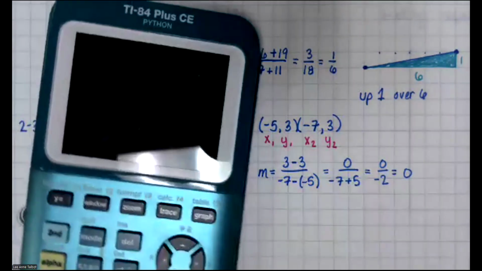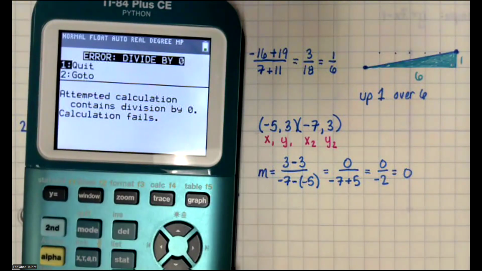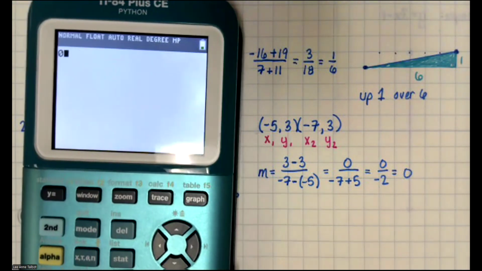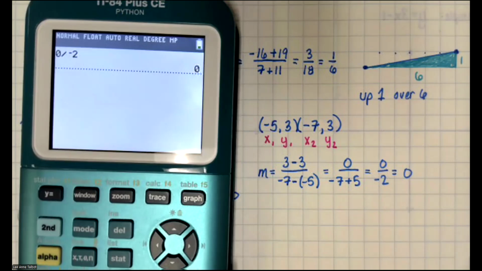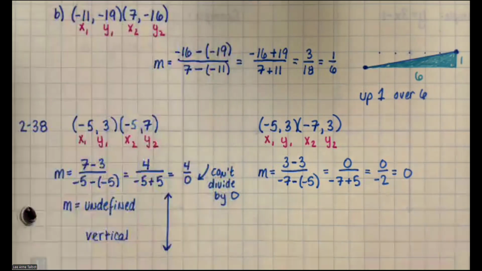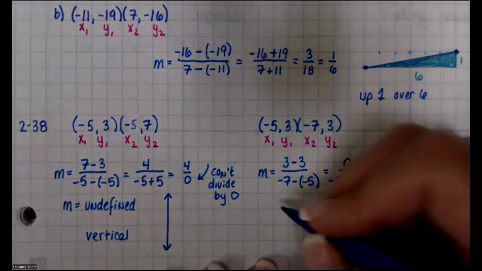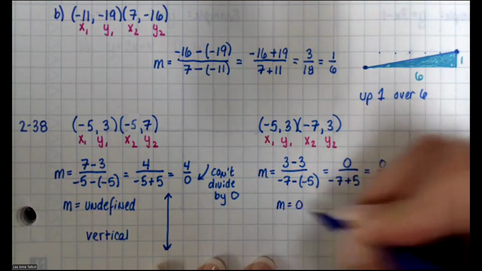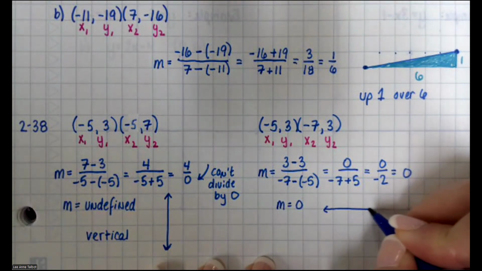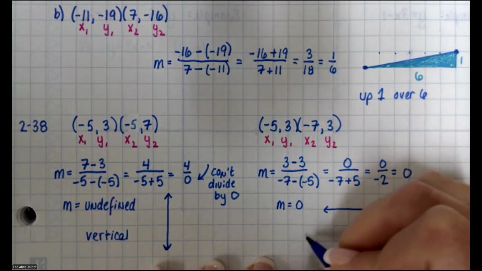And again, if you're not sure, just do 0 divided by negative 2 on the calculator, and it will give you 0. Okay, and a 0 slope is fine. It just means that the line is horizontal.